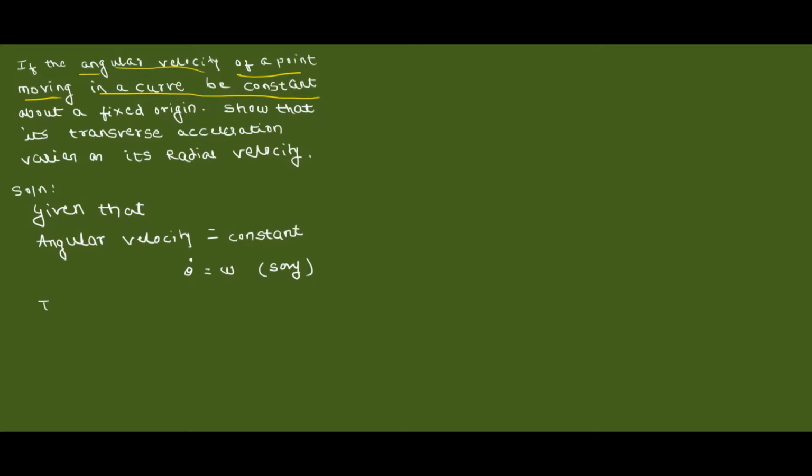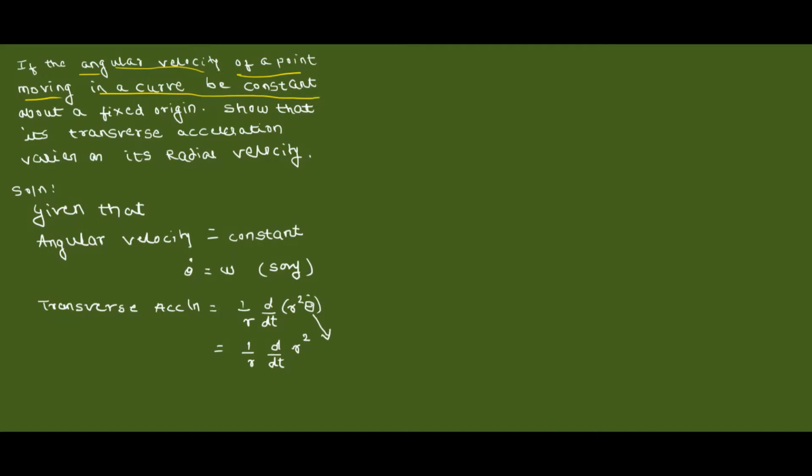Now what is the formula for transverse acceleration? Transverse acceleration formula is 1 by r d by dt of r square into theta dot. This is the formula for transverse acceleration. So now I will write 1 by r d by dt of r square into theta dot.